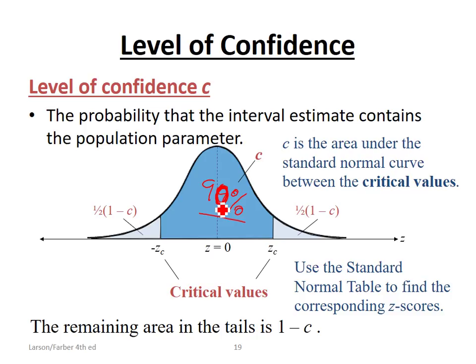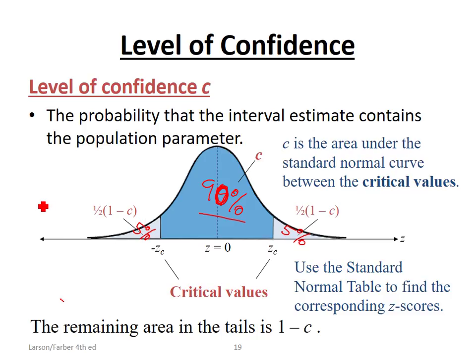Not 10, because you've got the other side. So there's going to be 5% out here, 5% over here. That's why it says take half of it. You take 1 minus your confidence level, 1 minus 0.9, and then you take half of that.